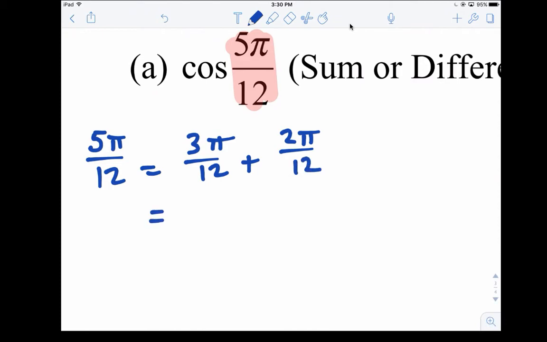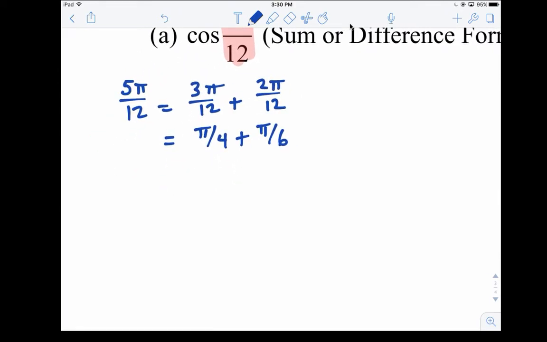And 3 pi over 12 I know is pi over 4, and 2 pi over 12 is pi over 6. Both of those angles are on the unit circle, and I can come up with those values pretty easily. So I'm going to be using the sum formula for cosine. So that's cosine of pi over 4 plus pi over 6.